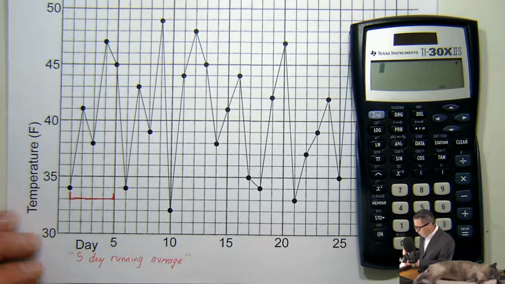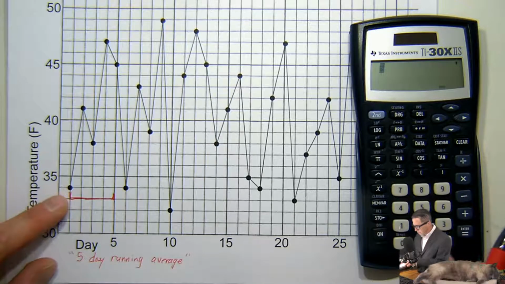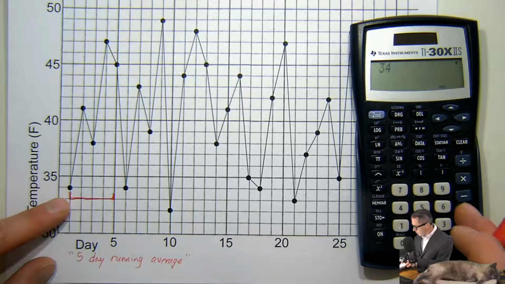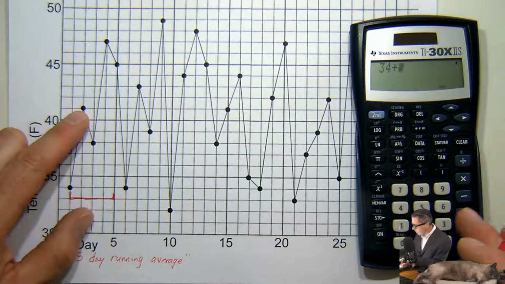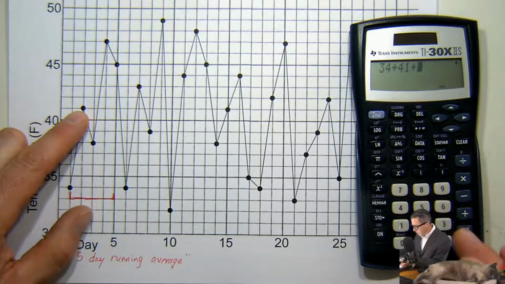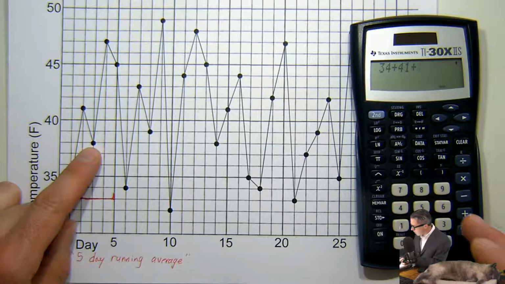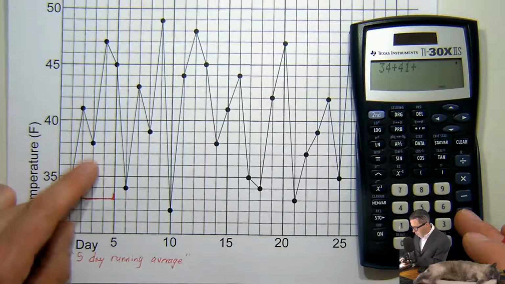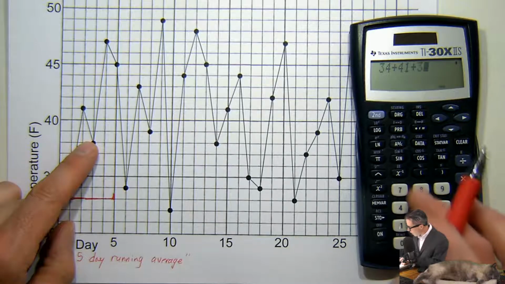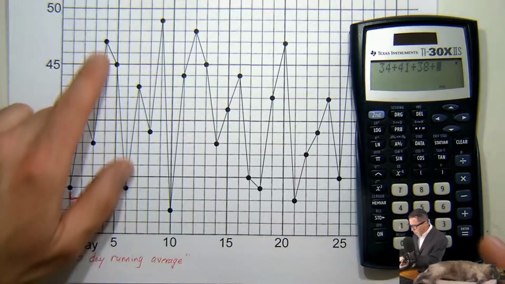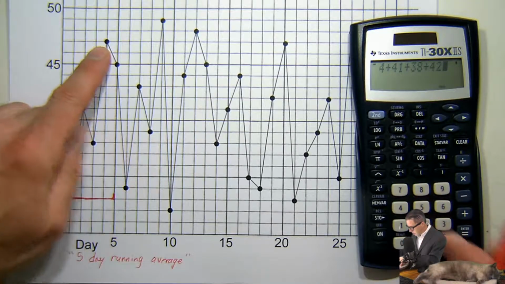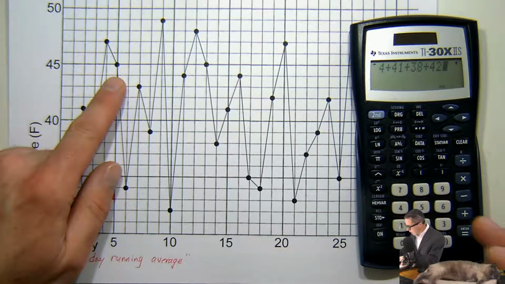Okay, so my first 5 points are 34, 41, 38, 42, and 45.